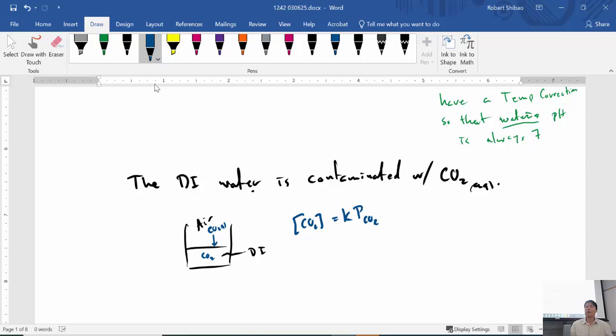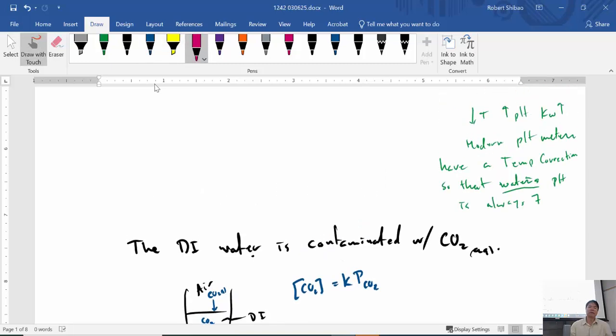I'll draw the mechanism of CO2 reacting with water. Not that I would, but I have in the past. Does it ring a bell, or not?